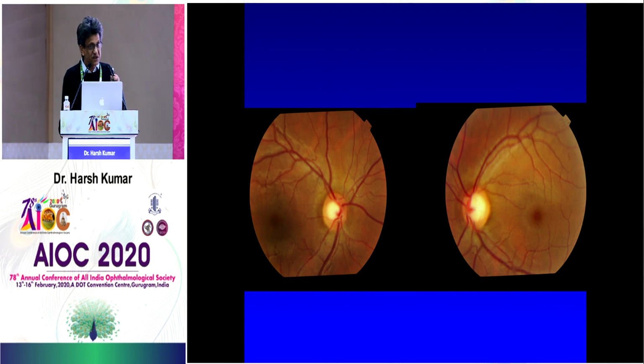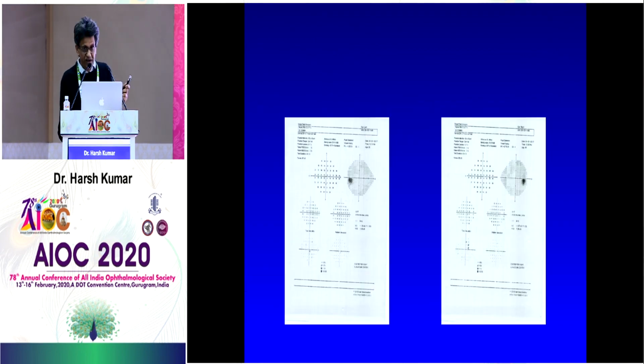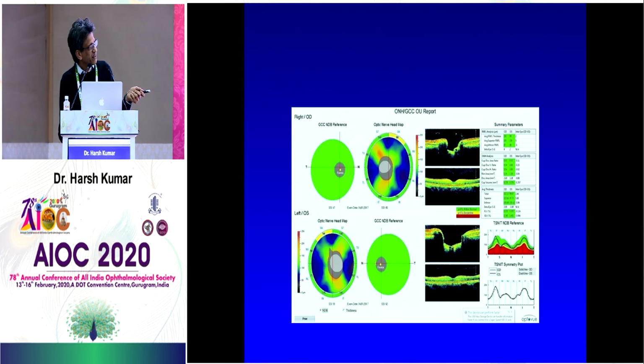Cup disc ratio same, very good, perfect, yes, you are right, the disc is larger, you picked up very well here, because somebody did the field, it was normal, you do the OCT and then you realize this cup is smaller because the disc is smaller and this cup disc is larger, as simple as that.